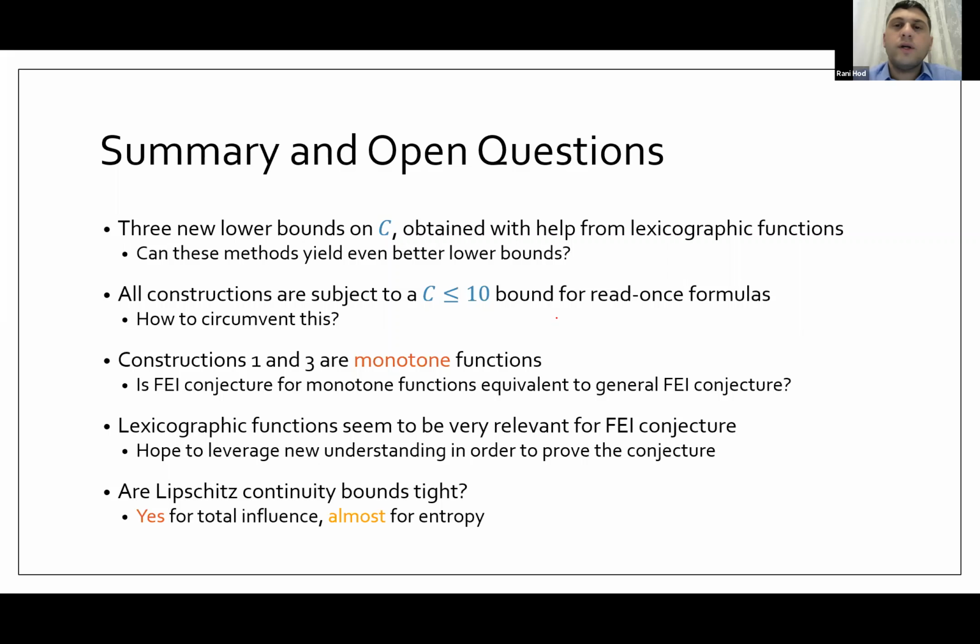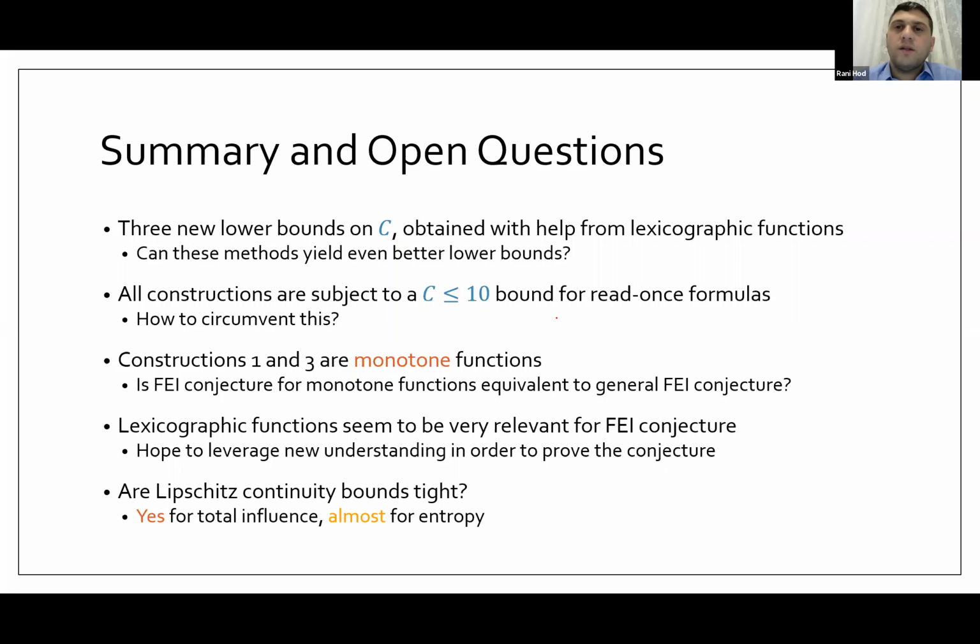I reminded you that we can do all these infinity and infinity of infinities tricks because we have some Lipschitz continuity, and in the proof we had some bound that is optimal for the total influence, the bound of what is the change that we can expect in the influence if we do some change in the function.